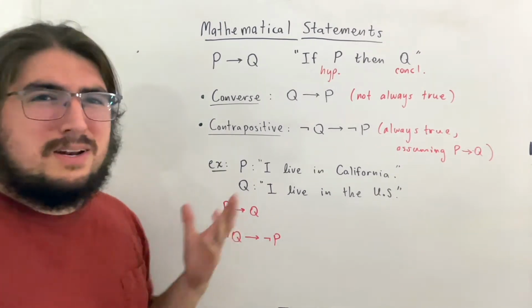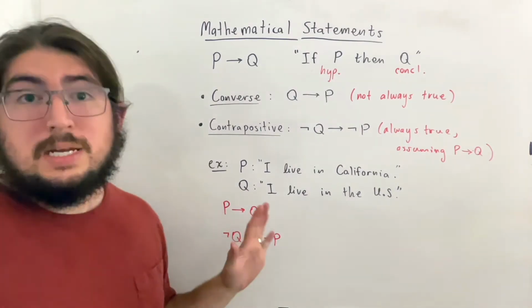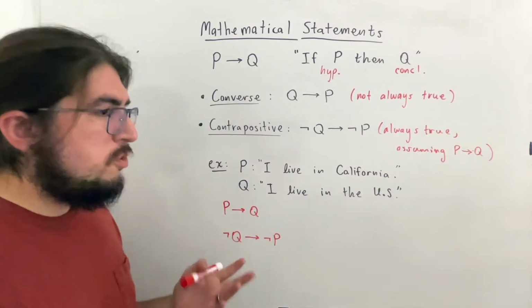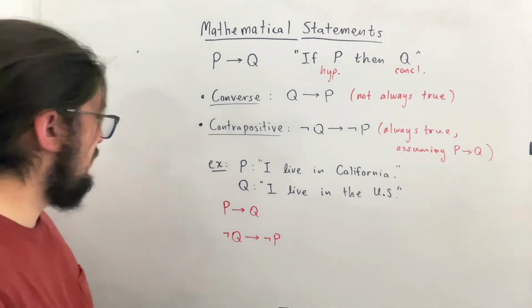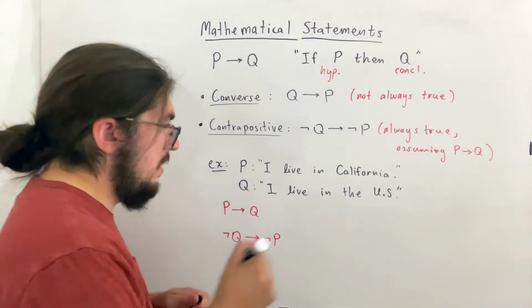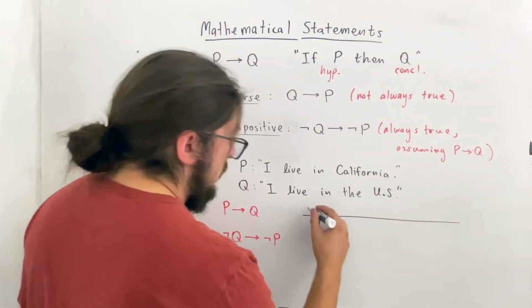Now it's a little hard to prove this without writing down all the possibilities, which would be known as a truth table, which I don't want to get too ahead of myself on, but maybe I'll show you a little bit of what's going on there. So here's the truth table.